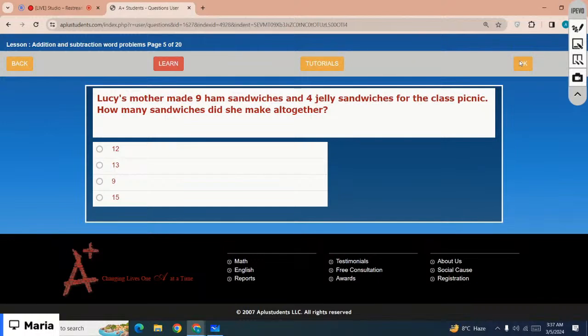Lucy's mother made 9 ham sandwiches and 4 jelly sandwiches for the class picnic. How many sandwiches did she make altogether?